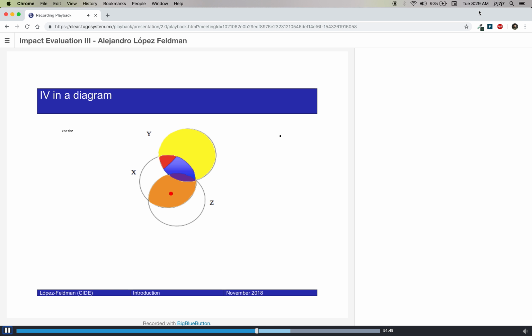I'm going to repeat this. If I want to use z to explain x, this is the only part of x that I can use. This cannot be used because z doesn't provide any information on this area or this area. So this is known as the first stage, explaining one part of x by using z.